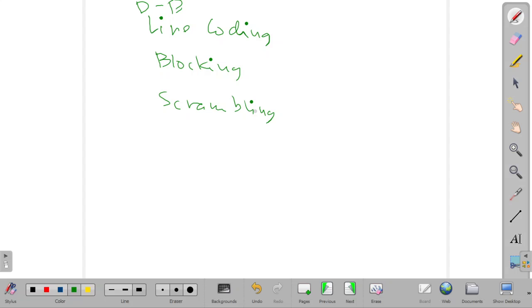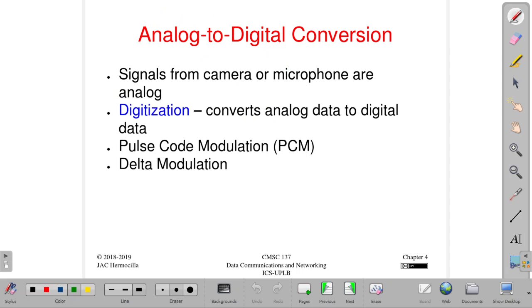Remember that digital signals can be used for both short distance and long distance communication, and we need to have the appropriate properties for the encoding technique, depending on whether you want to use it for long distance or short distance communication. So that concludes our discussion on digital data to digital signal encoding.